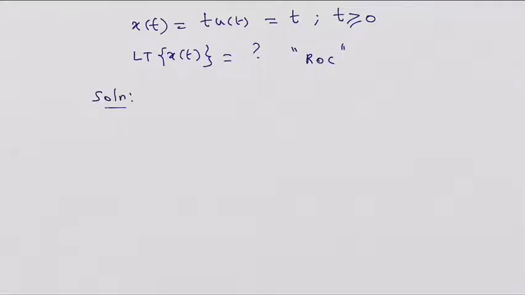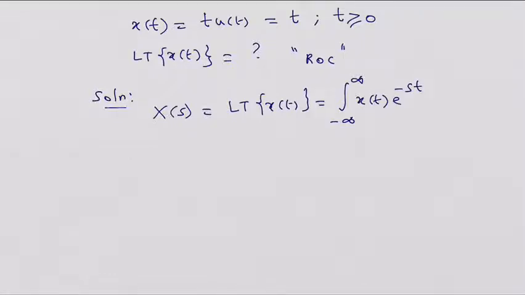How will you apply the Laplace transform to a given signal? The Laplace transform of any given signal is calculated using the formula: integral from minus infinity to plus infinity of x of t into e power minus st dt. Now what is actually x of t in this case?